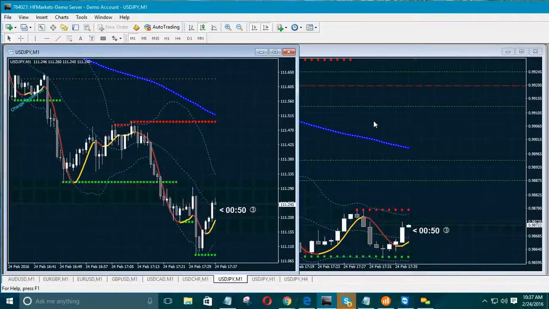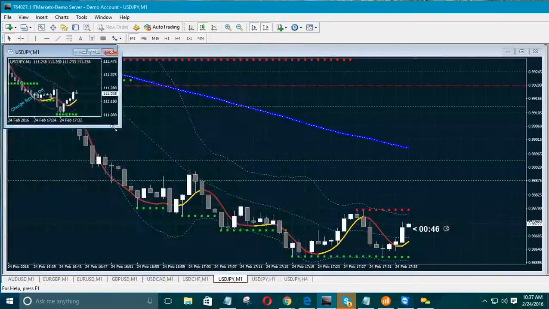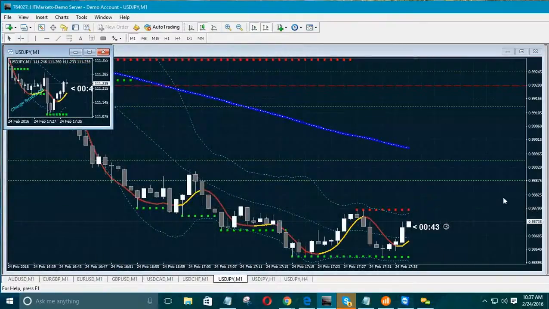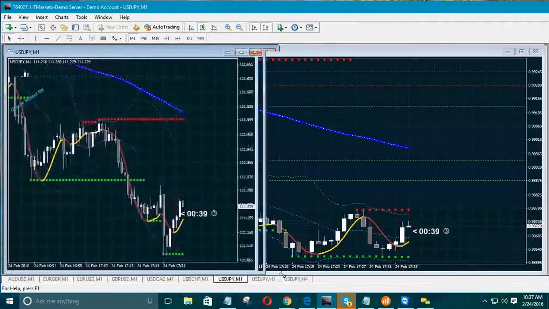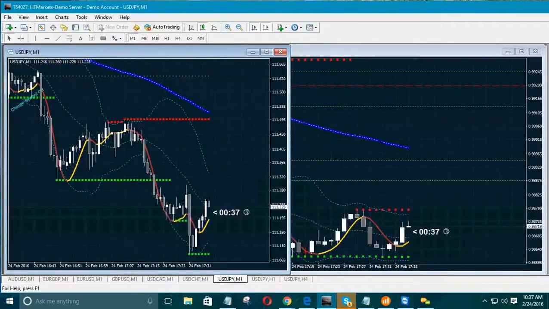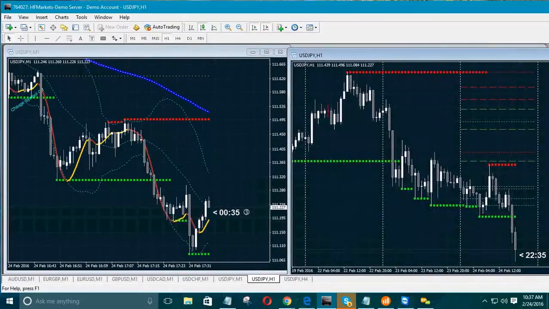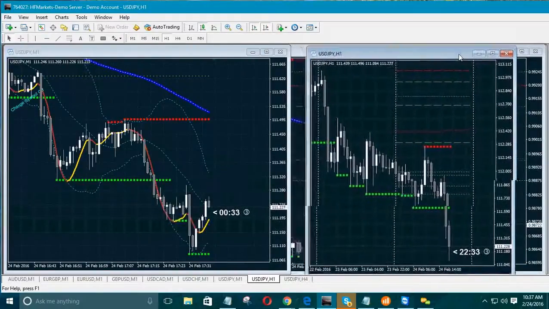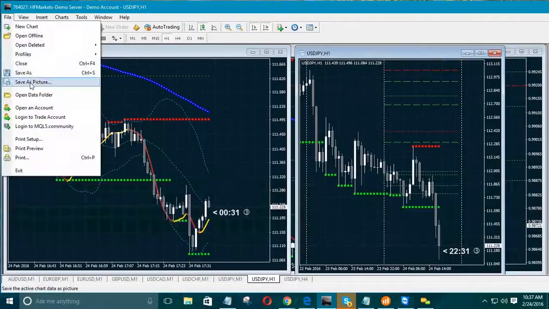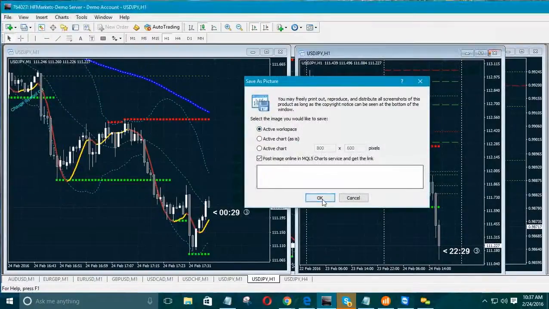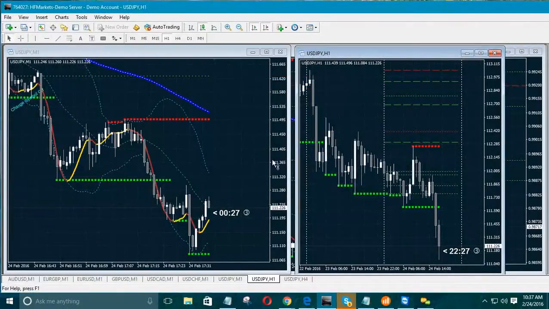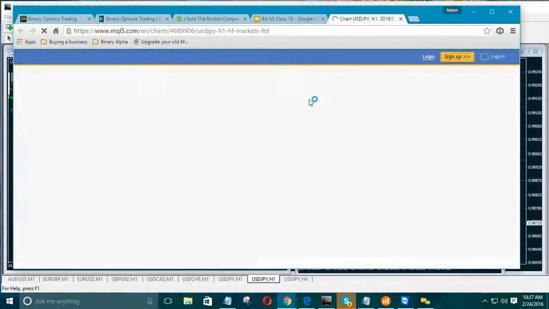But honestly, one of the things we don't want is for you to have like 20 little screens all over the place and us trying to find it that way. We would much rather you have your 1 minute chart like this and your 1 hour chart here beside it. Then you can save as picture active workspace, and it will save these two together so we can see what you guys were thinking and seeing as far as the chart went.